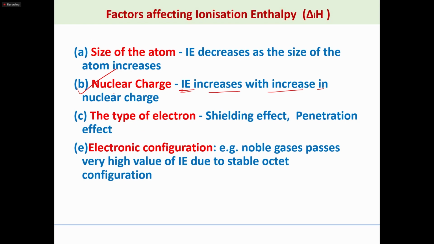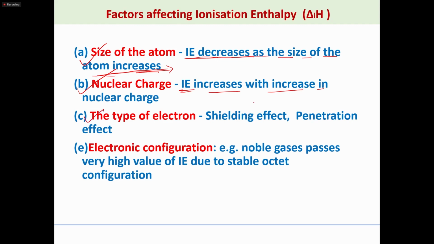There is another point, that is the size effect, the size of the atom. This ionization enthalpy decreases as the size of the atom increases. When this atom size is increased, then this ionization enthalpy value will decrease. How that happens, I will come to later.